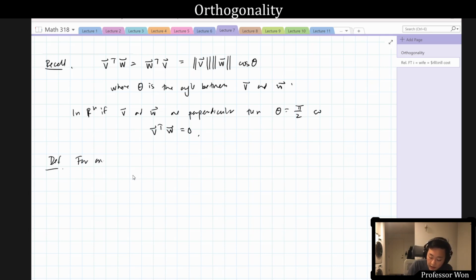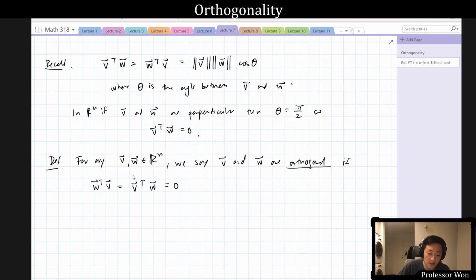So for any v, w in Rn, and this definition works in other vector spaces as well, we say that v and w are orthogonal if you take the dot product and you get 0. Okay, but it's the same no matter which order you take the dot product, you get the same result. And the way that we write this is we write v is perpendicular to w, or v is orthogonal to w. We use this perpendicular symbol.